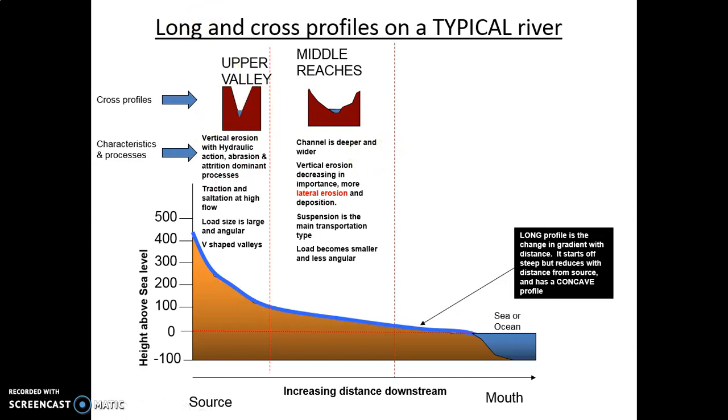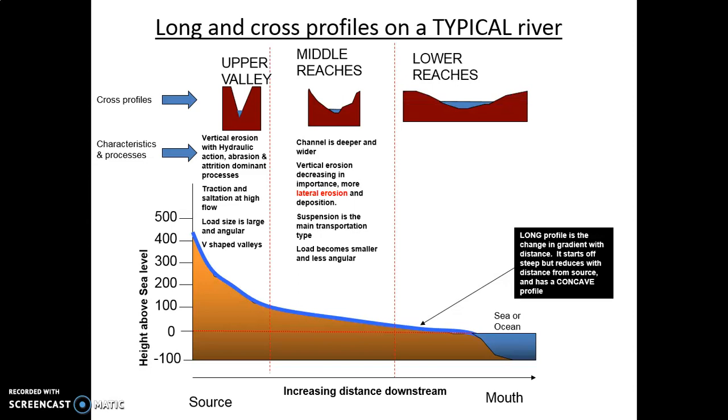We'll talk about what type of process is going on in here later, but again, now that the particles are starting to erode, you've got lots smaller particles. So instead of having boulders and big, really angular material like in the upper valley, in the middle valley, it's been eroded a bit. You're starting to get more rounded and, I suppose, smaller particles as well.